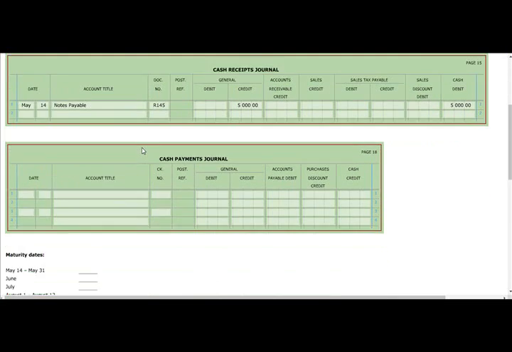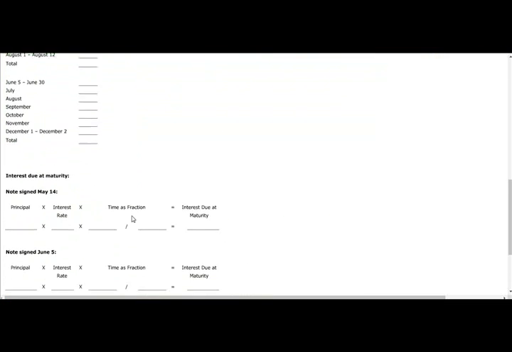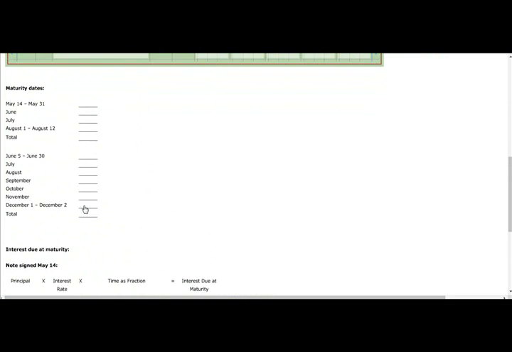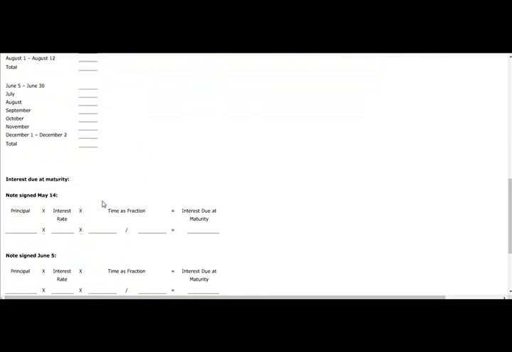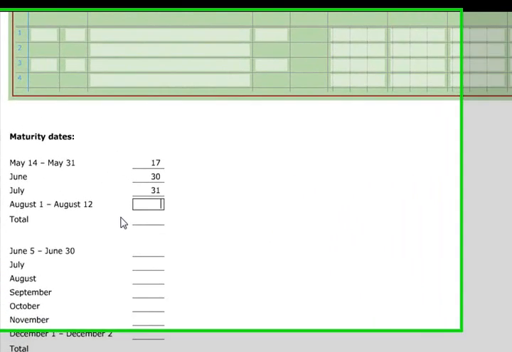So what Aplia does is they give you some notes down here to complete. So we saw this earlier. The amount of time that we calculated to get to August 12th is 17 days in May. We have 30 days in June, 31 days in July, and yet we have to figure out what gets us to 90.